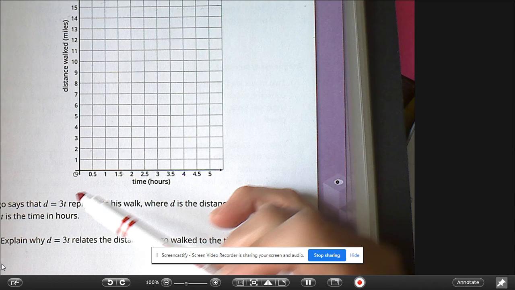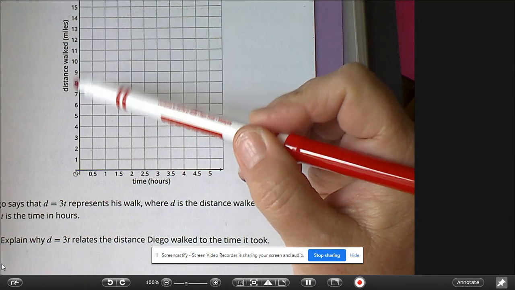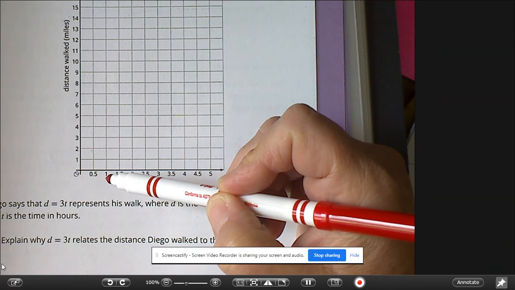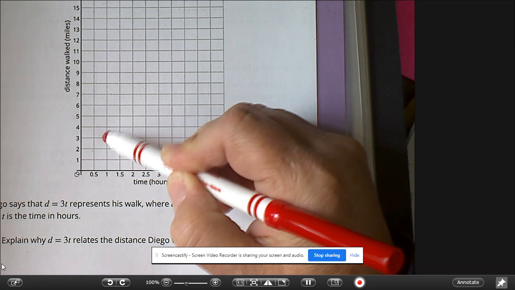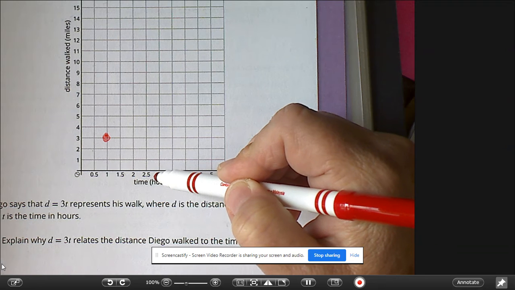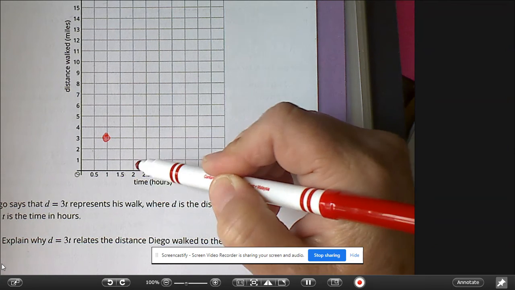Okay, so if Diego is walking, here's your hours on the bottom, here's your miles on the side. So in 1 hour, he walked 3 miles. And then in 2 hours, he walked 6 miles.